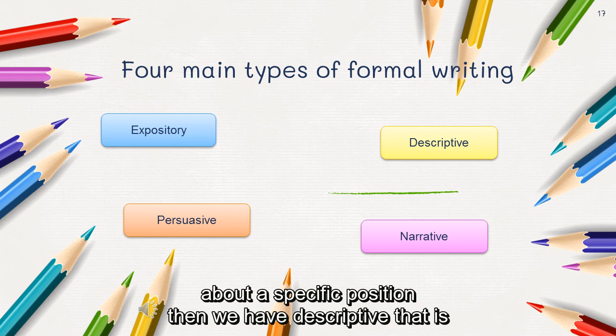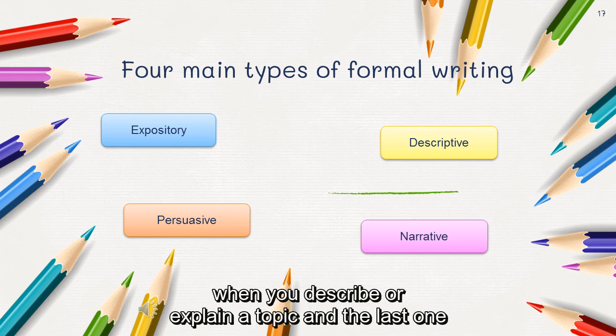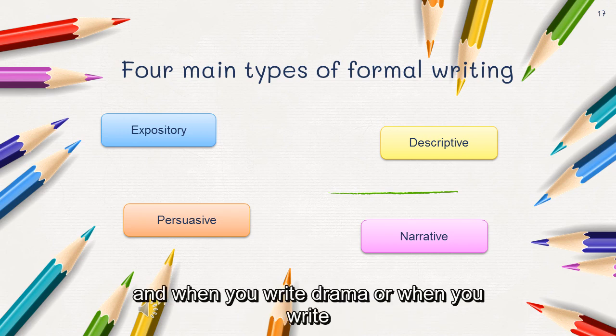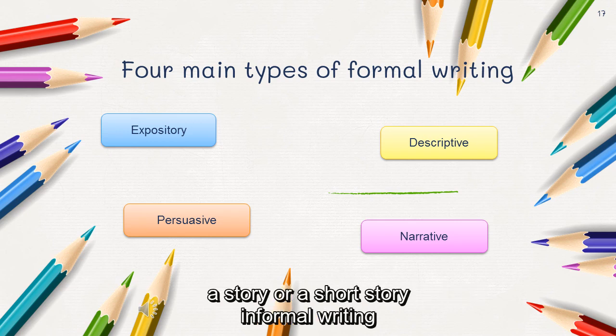Then we have descriptive, that is when you describe or explain a topic. And the last one is narrative, that is when you write a poem, when you write drama, or when you write a story or a short story.